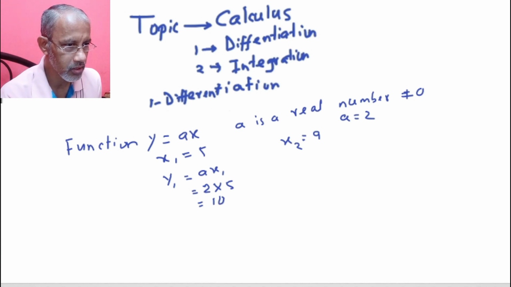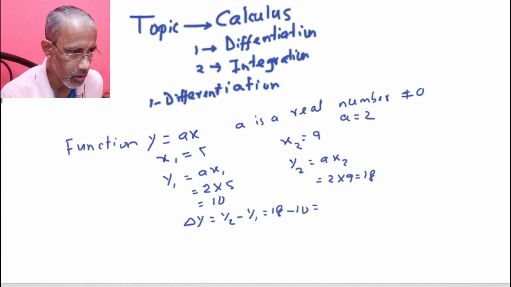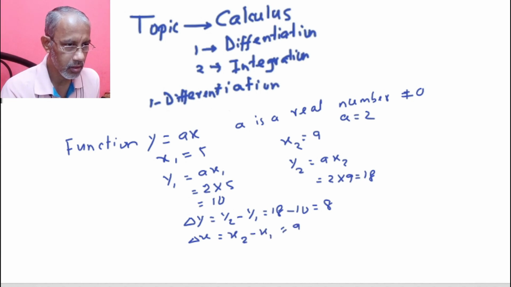And y2 is 2 into 9, that is 18. Delta y is the change in y, equal to y2 minus y1, that is 18 minus 10, which is 8. The change in x is equal to x2 minus x1, that is 9 minus 5, which is 4.